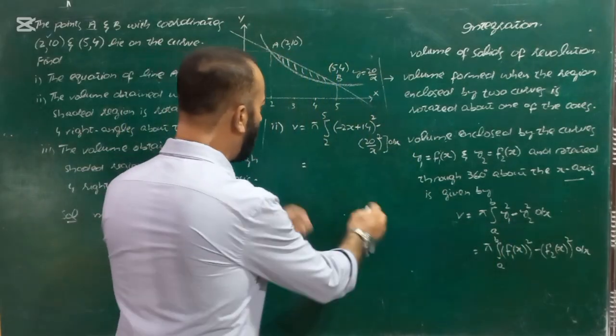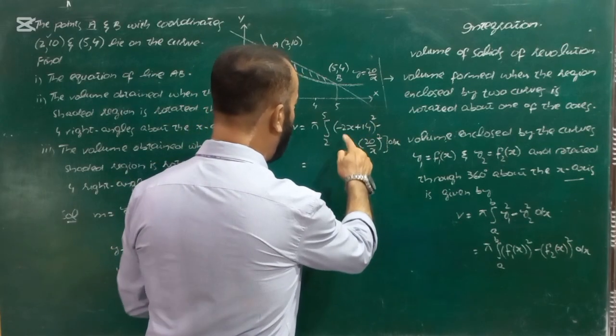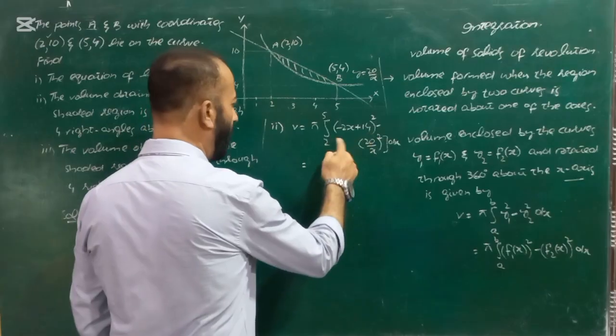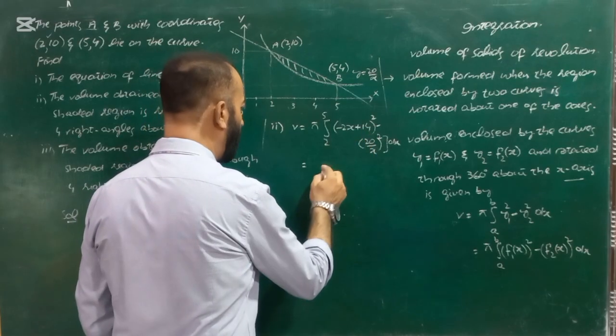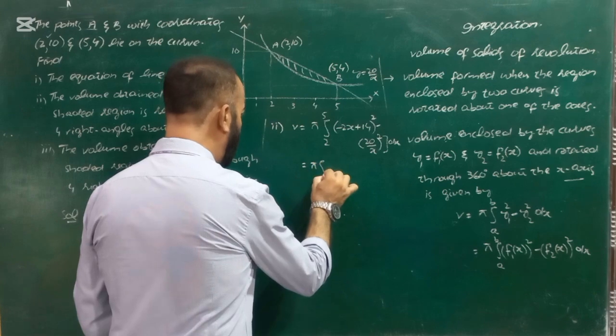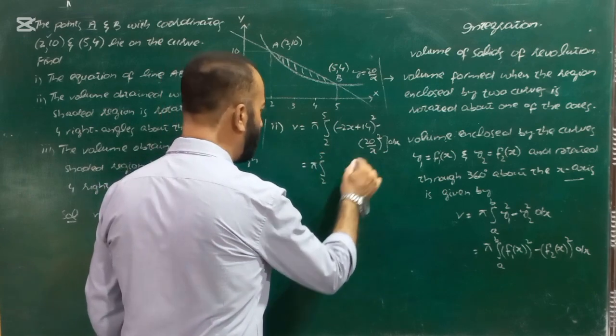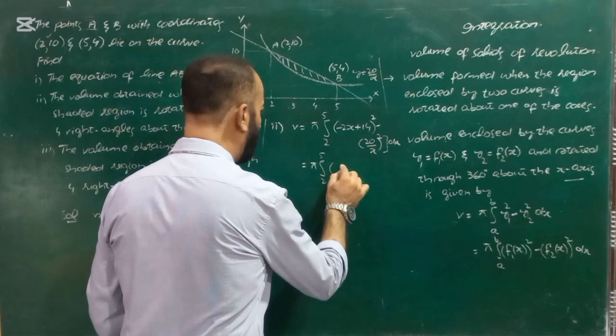First we will open the square by applying the a plus b whole square formula, or the a minus b whole square formula can also be applied. So look now, 14 square. This pi and this sign of integration will still be there, because we are just simplifying the question first.